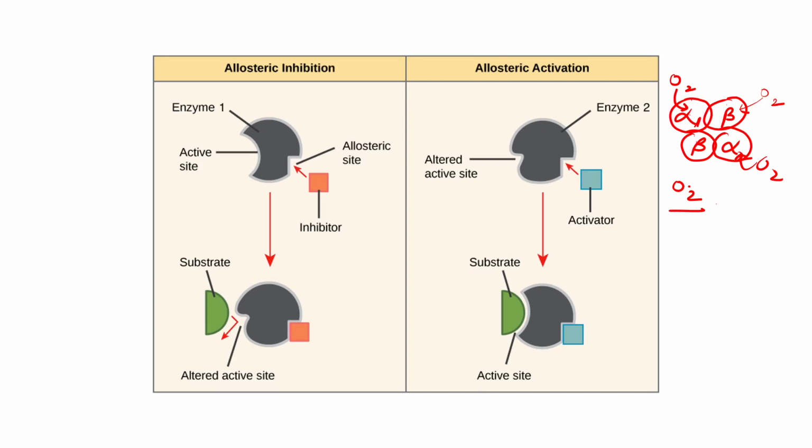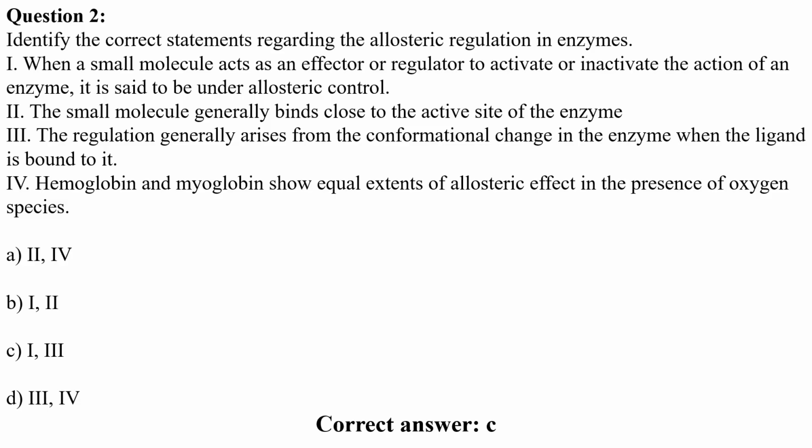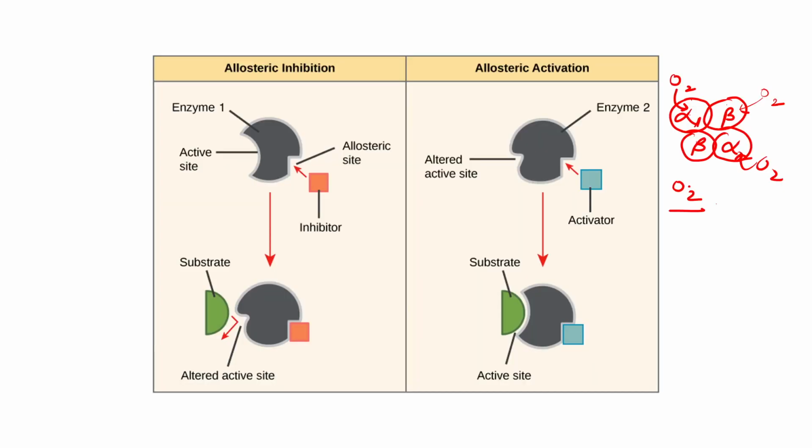Either in case of inhibition, the conformation is changing such that the substrate cannot bind. In case of activation, the conformation is changing in such a way that the substrate can bind to the enzyme. Okay, the second statement, that the small molecule generally binds close to the active site of the enzyme, that is not true. You can see here in this diagrammatic representation, the allosteric site is away from the active site.